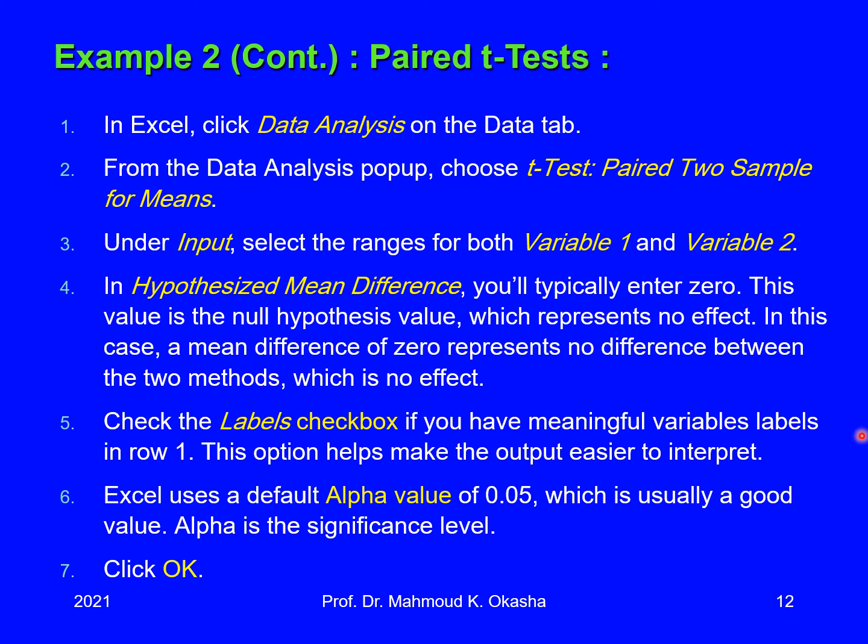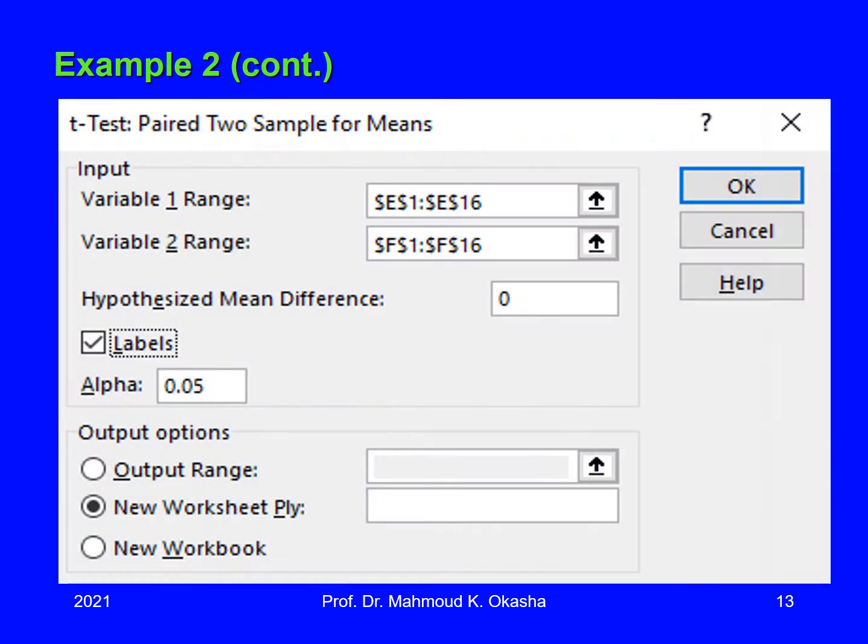Then the fifth step is to click the labels checkbox. If you have a label in the first row in the columns, then you check the labels checkbox. Right. The sixth step is to define the alpha level, which is 5%, and you need in this case to keep it as it is. 5% is the default. If you have a reason to change it, you change it, no problem. Last thing, you click OK as everything is finished.